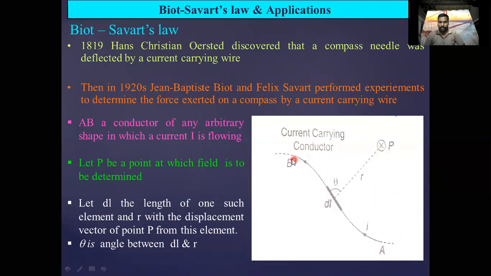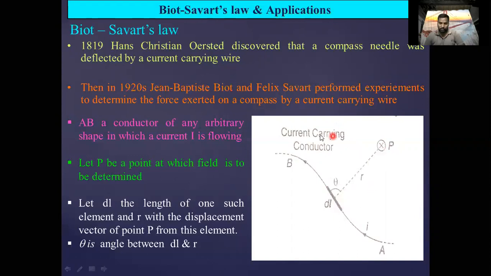This conductor is divided into several equal elements. One of the elements is considered as dl. The distance between dl and P is denoted r, and theta is the angle between the element and the r vector, the distance between dl and P.